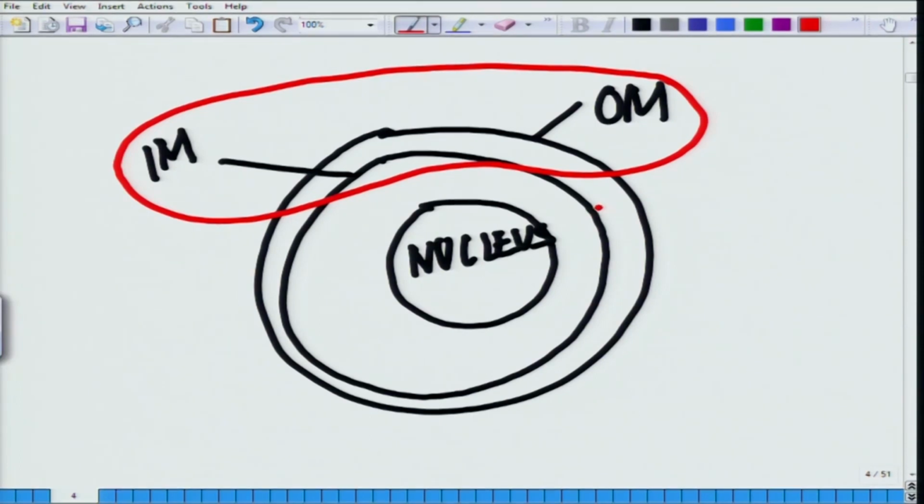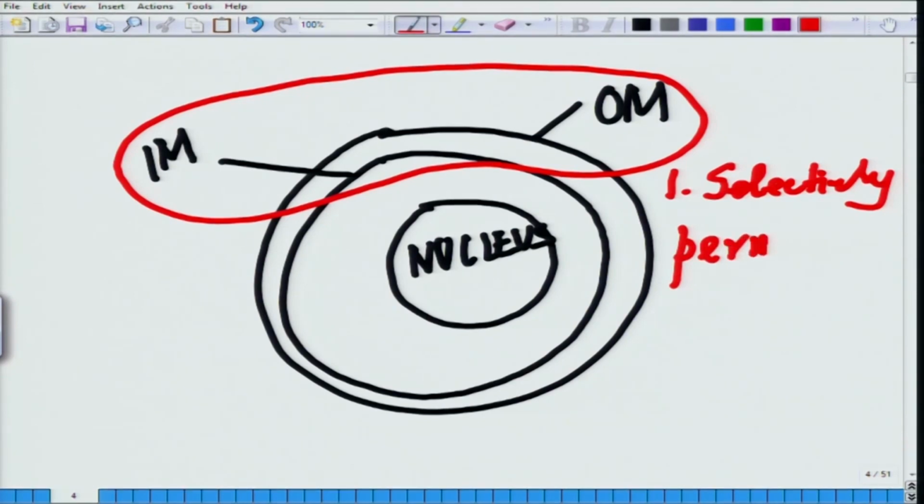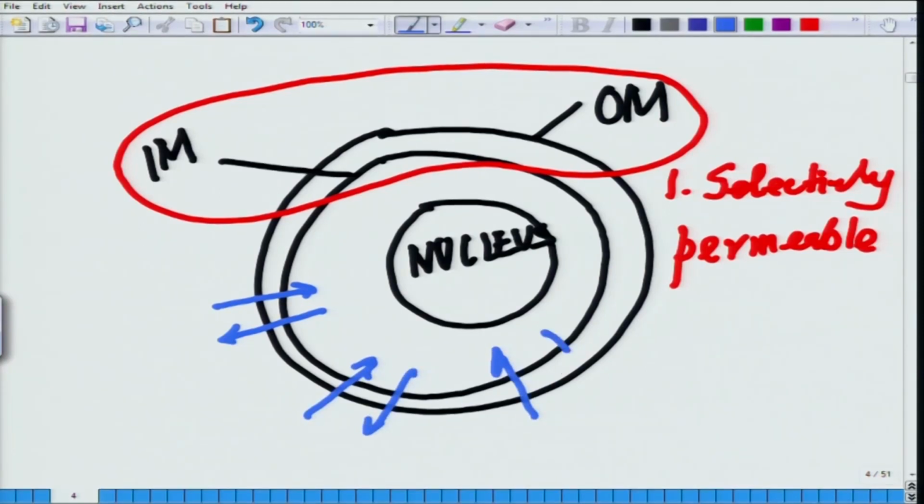These kinds of membranes, or any membrane as a matter of fact, have some common features. One of the first common features is that they are selectively permeable. In other words, what does that mean? That means that any entry or exit of molecules across this membrane is completely regulated.